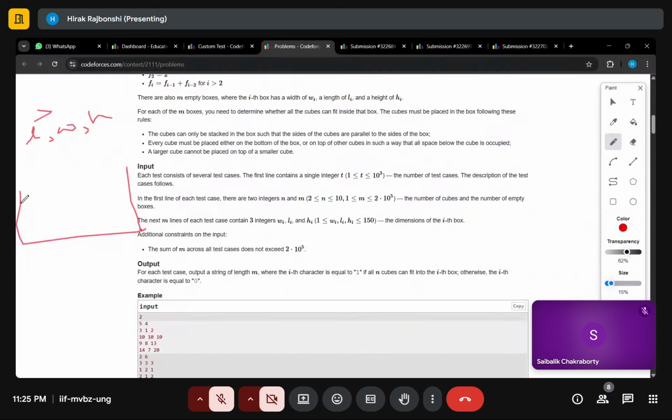So the size of the larger box is f of n, since there are n boxes, right? If we place f of n here, then there might be some space, and there might not be. So let us see both the cases.